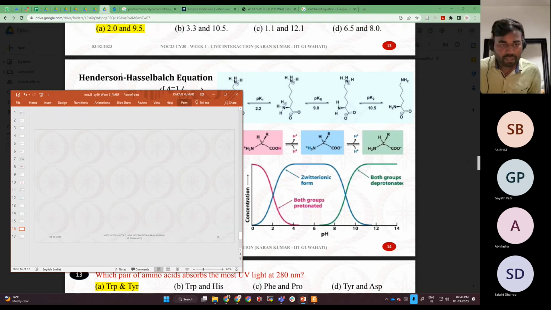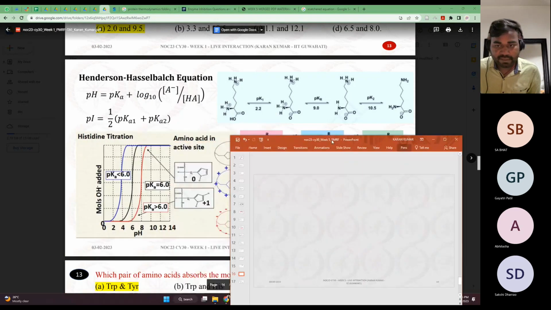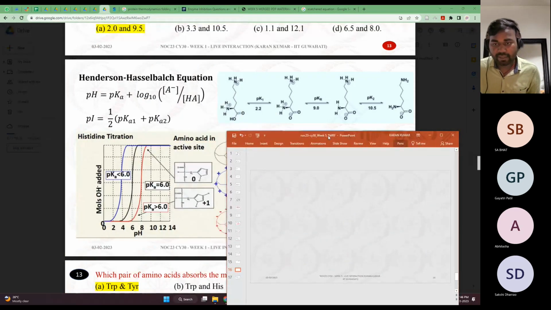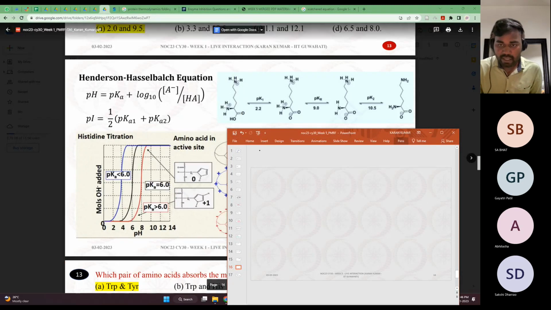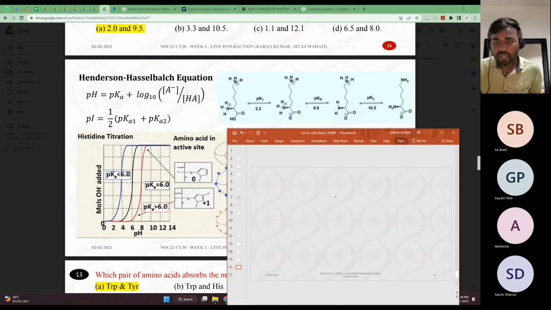Okay. So what happens with the pK value, this ionization thing in your structure when you are in zwitterion form? Let's first not talk about the side chain property. Let's first talk about the simple amino acid.